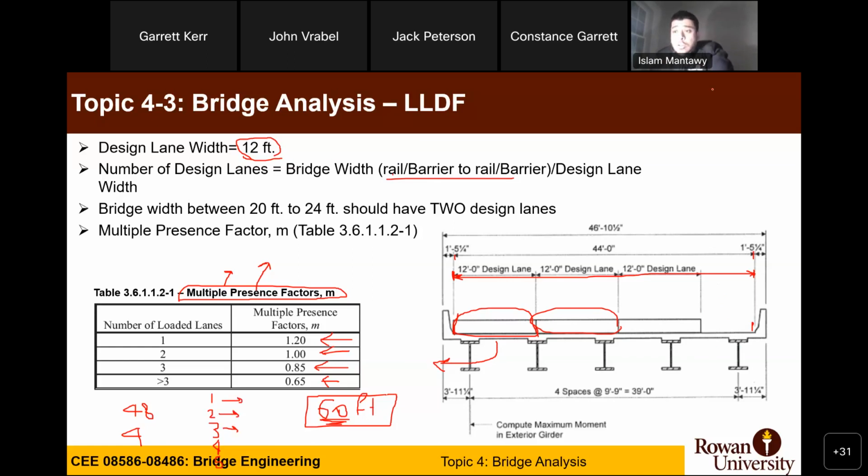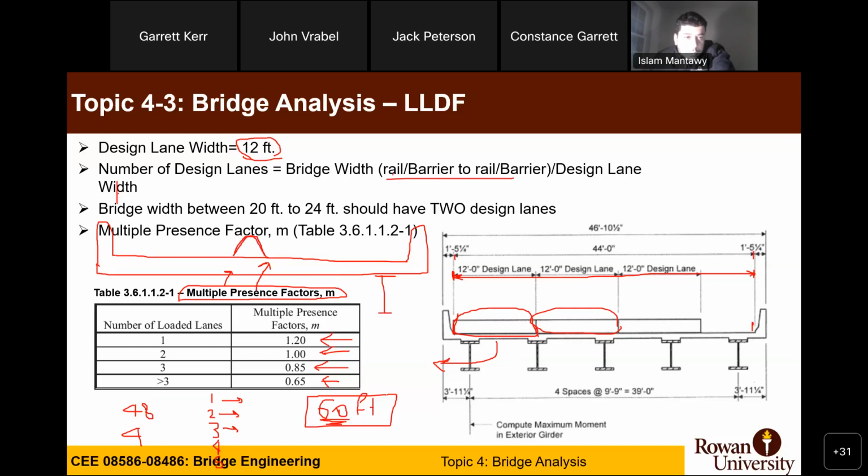1 lane loaded, 2 lanes loaded, 3 lanes loaded, etc. Correct? Now I want to ask another question, but this question will be with bonus, okay? If I have a bridge that looks like that, and I have an intermediate barrier, so I have some girder there. And the total width from the exterior barrier to exterior barrier is 60 feet.